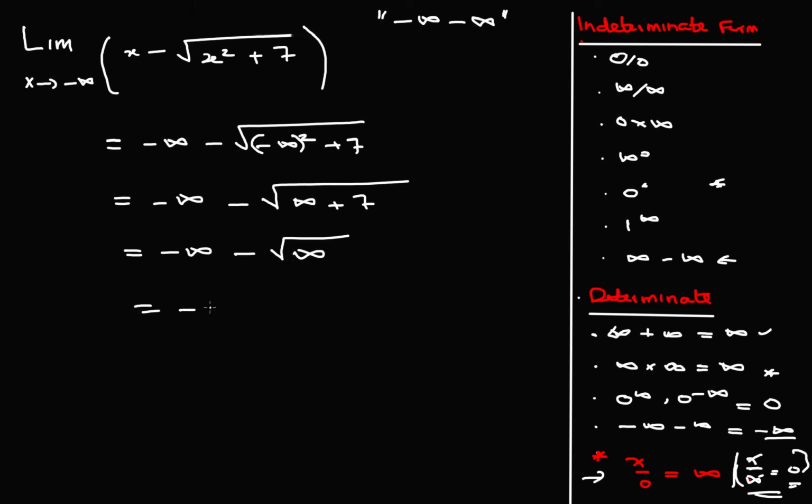Then here we're going to have negative infinity, take away infinity, which gives us that value, which is negative infinity. So this is our end. Obviously, we now can say that this limit does not exist because it's tending towards a number where we can't stop. So these are the examples that we had to look at.